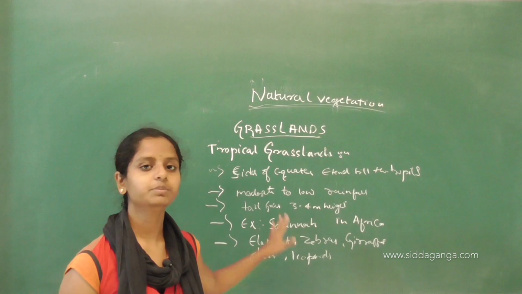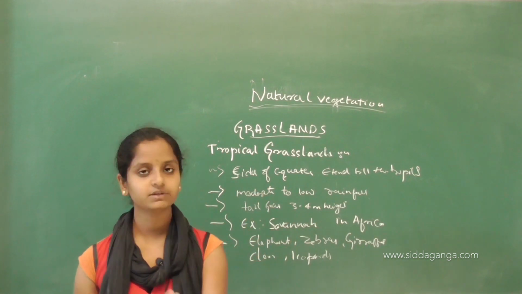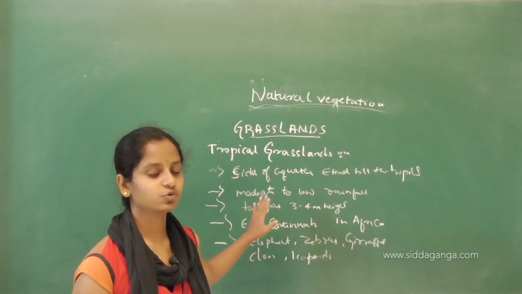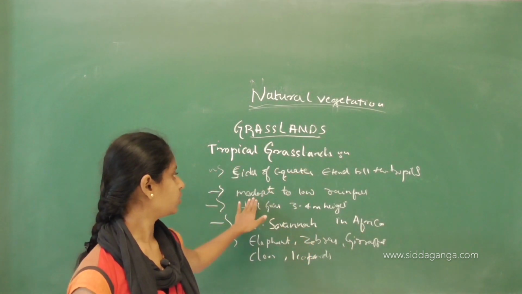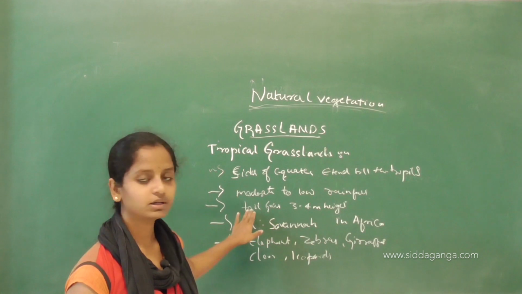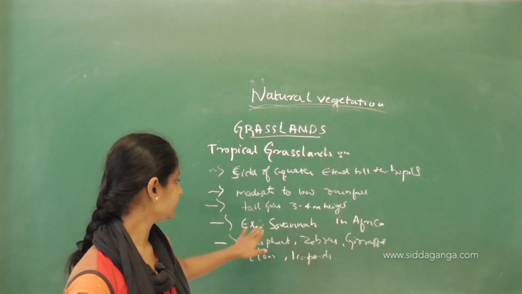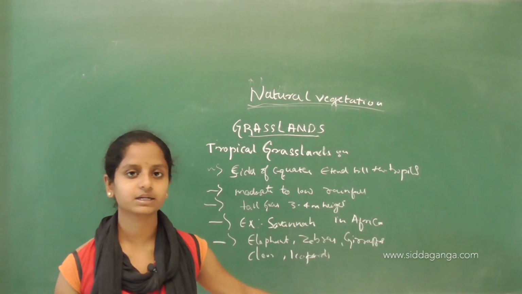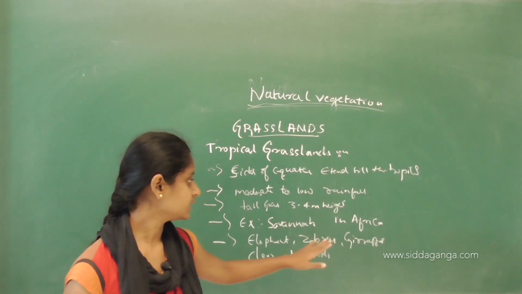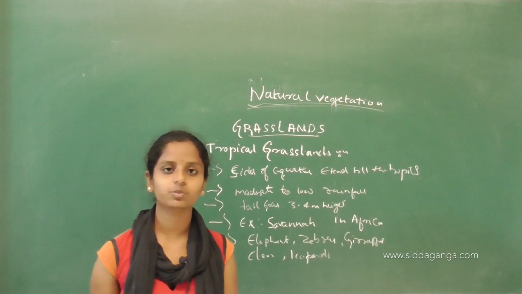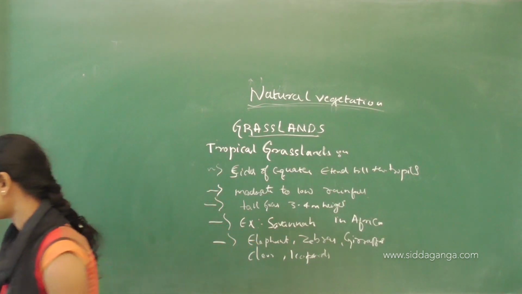So, these are the features of the tropical grassland. No need to take down because every point is there in your textbook. So, just listen to what I am telling. Okay, tropical grasslands: moderate to low rainfall, tall grass up to 3 to 4 meters height, and savanna in Africa is an example, and elephant, zebra, giraffes, deer and leopards can be seen here.